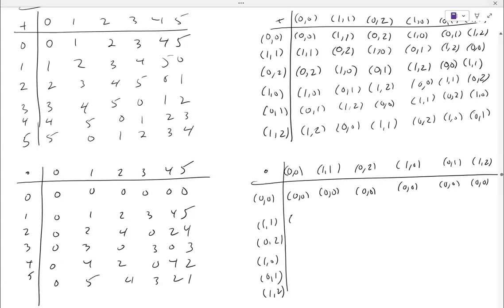We've already established that 1, 1 is the multiplicative identity. So basically, I should just be rewriting the top of the table over again. When we take the 0, 2 through, we would get 0, 2. 0, 2 times 0, 2 would give me 0, 1 in this case, because we're doing everything mod 3 in the second component. And then we get 0, 0 in that fourth one, and 0, 2 and 0, 1 again.